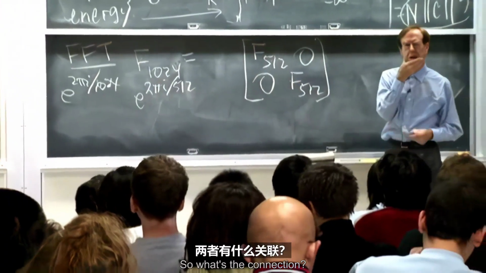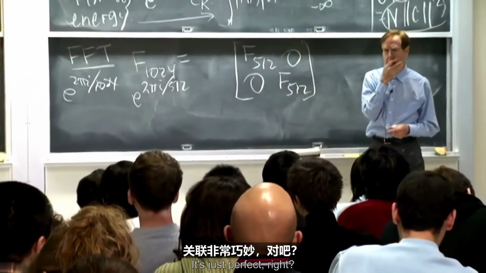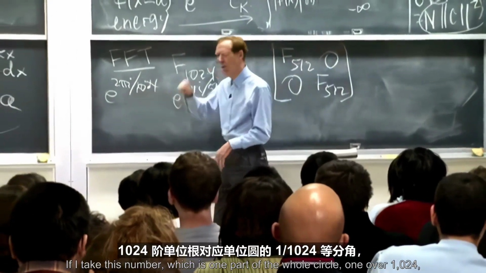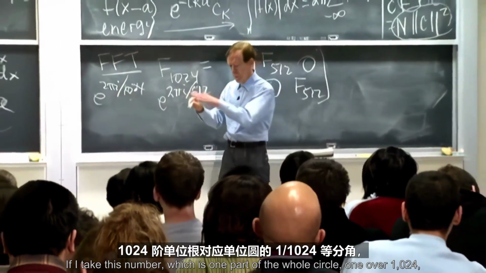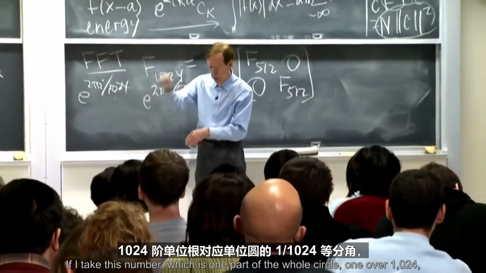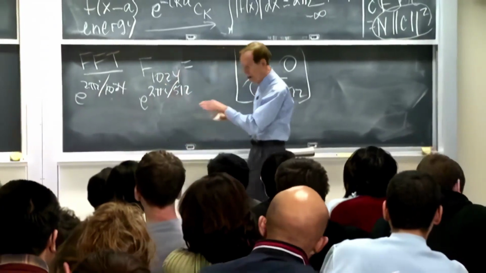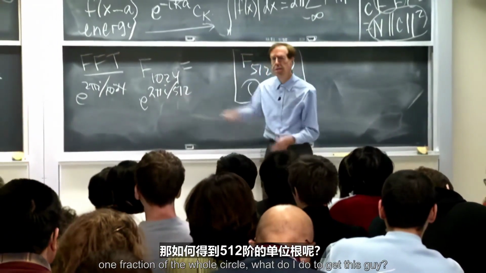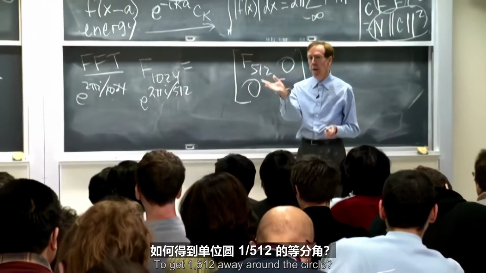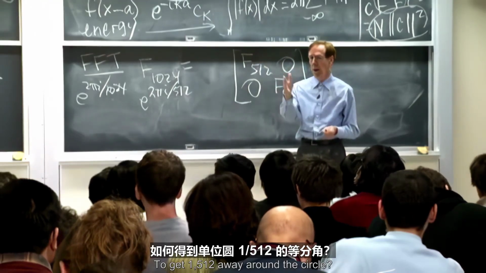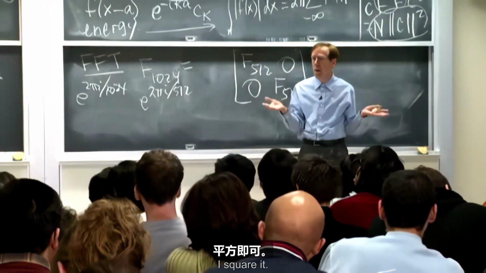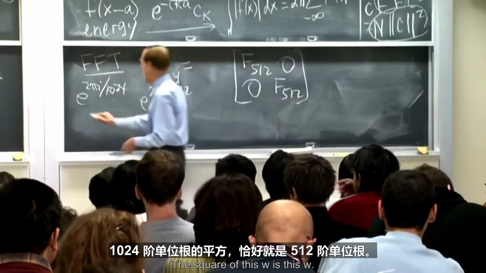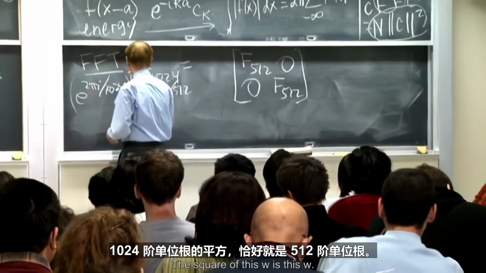So what's the connection? It's just perfect, right? If I take this number, which is one fraction of the whole circle, 1 over 1024, what do I do to get this guy, to get 1/512 the way around the circle? I square it. The square of this w is this w.